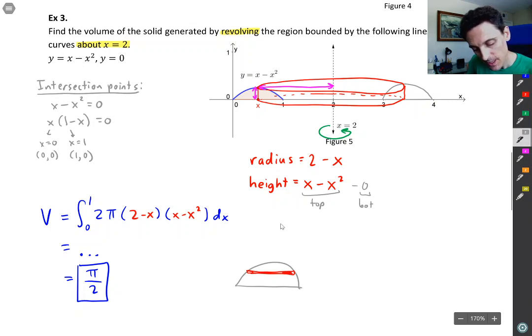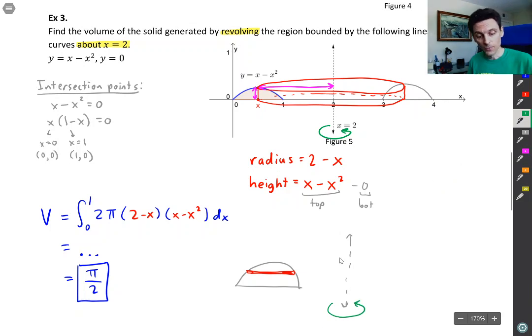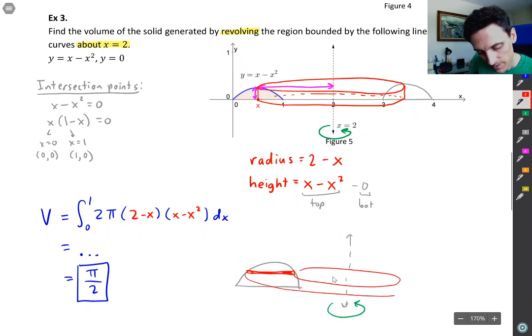So if our axis of rotation was over here, I'm just drawing a picture of figure 5 with some of the basics. If we're rotating about this line and want to use the disk or washer method, we would make our rectangles perpendicular to the axis of rotation, because then we would generate these washers.